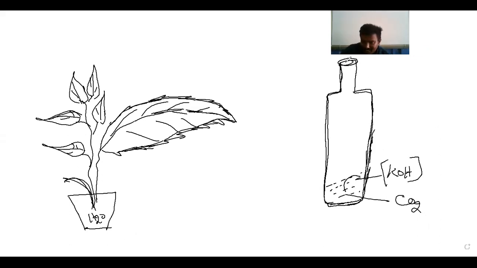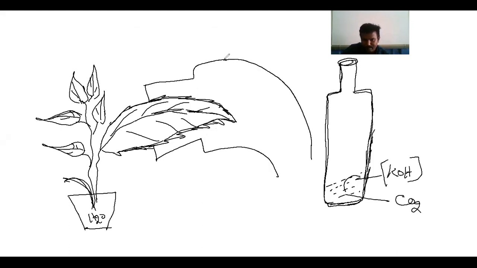Okay, after that, you bring this leaf and fix it into this beaker like this way.